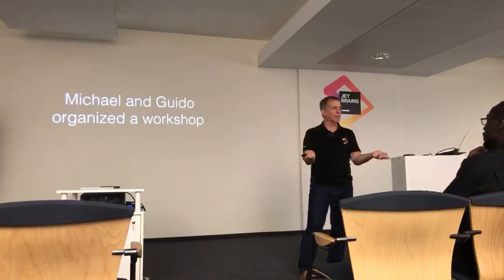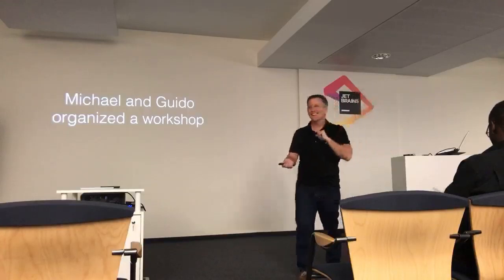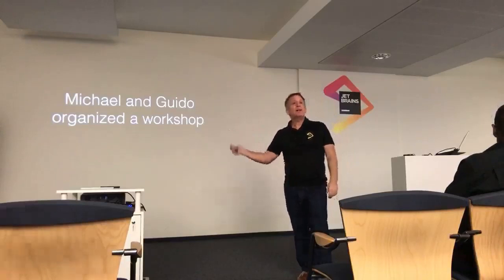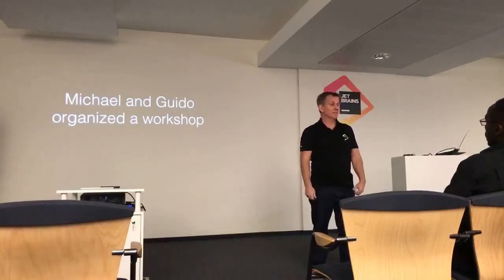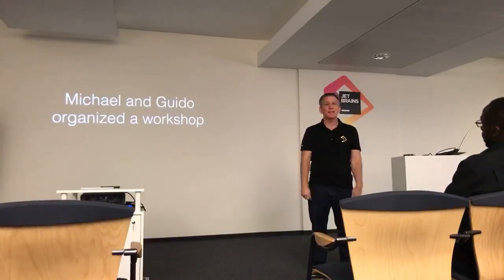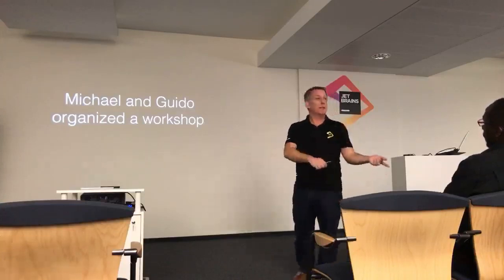Anybody know how to pronounce CWI, the Dutch expression? Center for Wiskunde en Informatica. Yes, thank you. He was at CWI, and Michael got money to bring him to the United States as kind of a guest researcher under NIST. If that hadn't happened, you wouldn't be sitting in this room. Because when he did that, Guido then met up with the next group of people we'll talk about, CNRI.